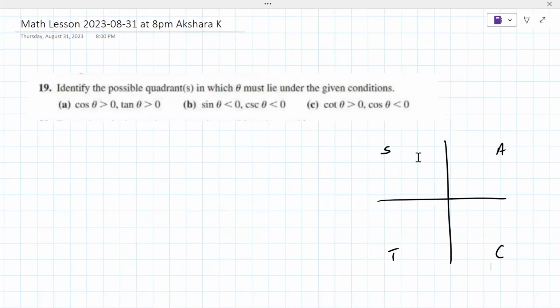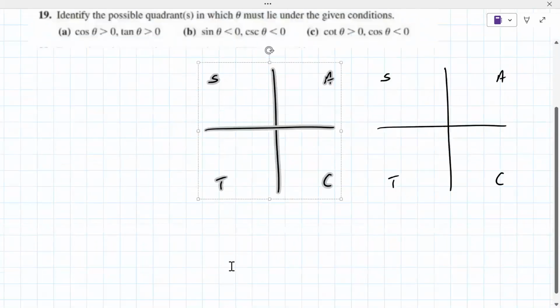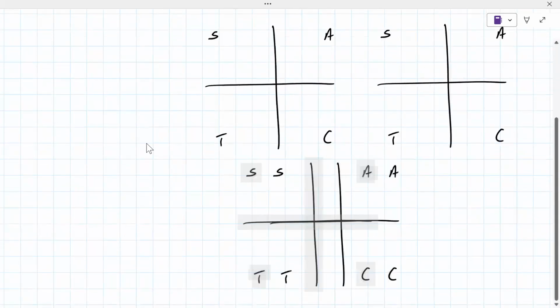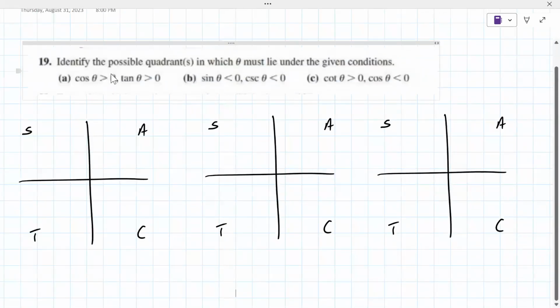Yeah. So for part A, and really for all of these, you're trying to figure out which two quadrants you could be in for each one. So for example, cosine is positive in which two quadrants? Do you remember that from last time, how to determine that?